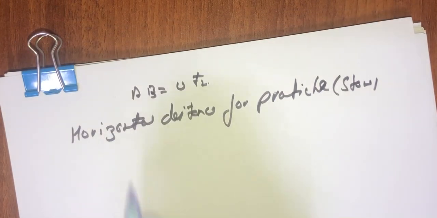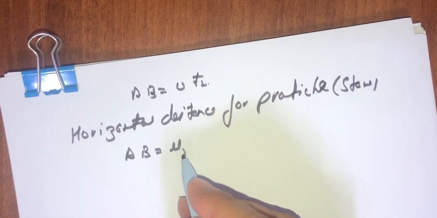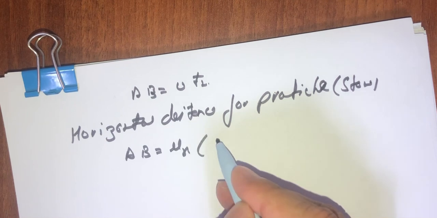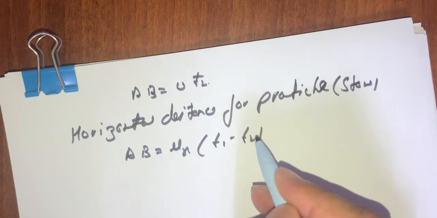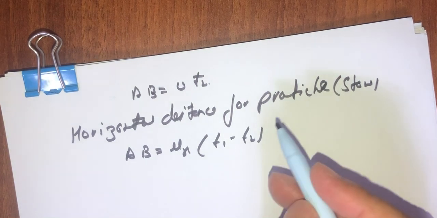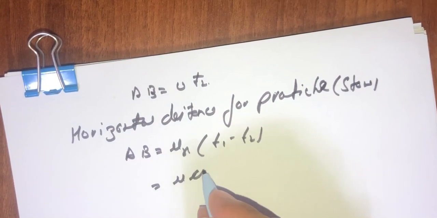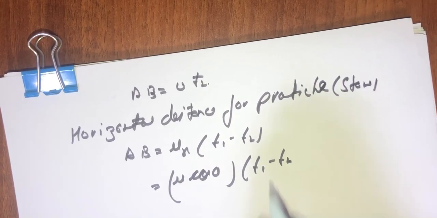So AB will be equal to the horizontal velocity Vx and the difference between time, that is T1 minus T2. So Ux we already know is given as u cos theta, times T1 minus T2.